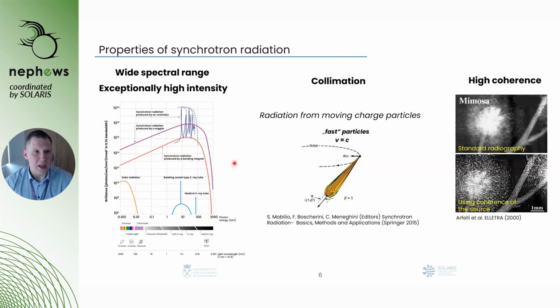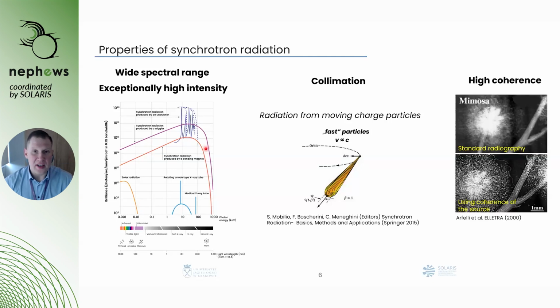It has an exceptionally high intensity, because if we look here, we can see that the intensity of synchrotron radiation is much higher than the conventional laboratory sources of radiation which we have in our laboratories, or for example much higher than the solar radiation which we have on our Earth.